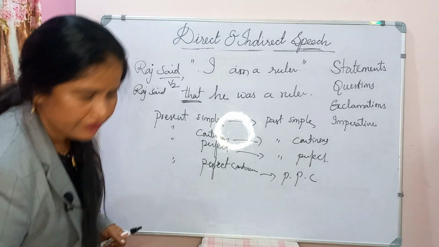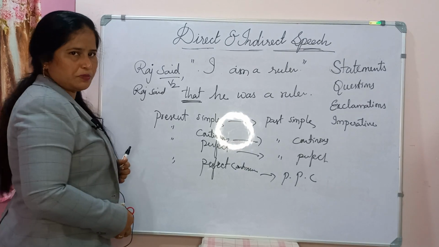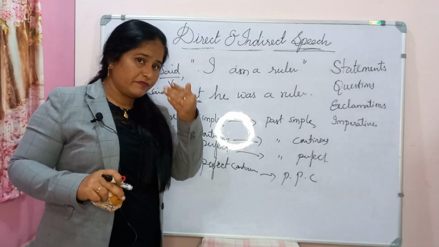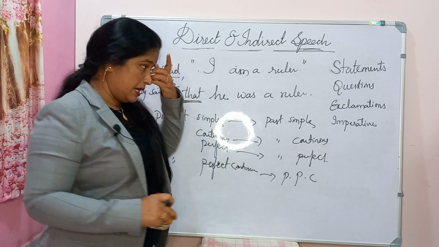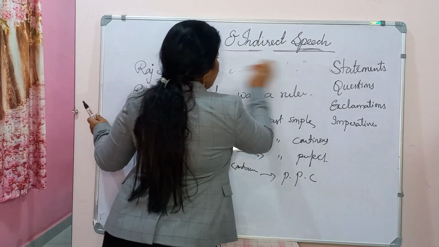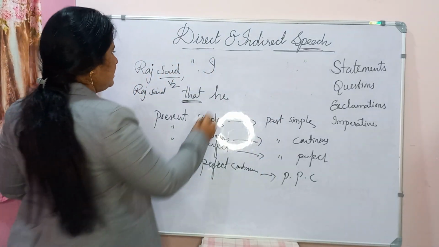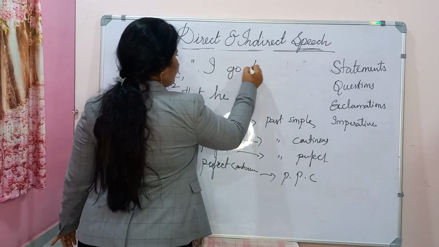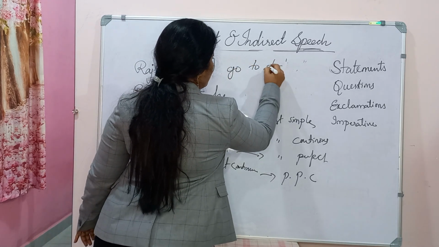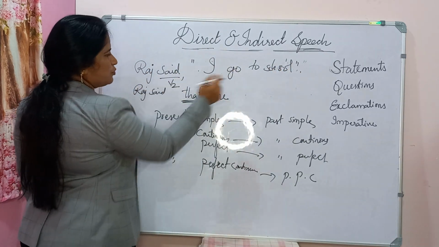I'll write one example here. Keep watching now. This present tense has changed into simple past tense. The state of being, all these auxiliary verbs of the present tense, will change into past tense. I am a ruler, I was a ruler, it has become. Now let's take I go to school. Raju said, I go to school.